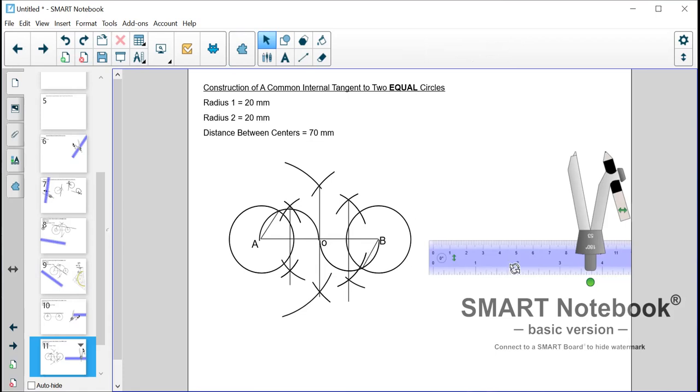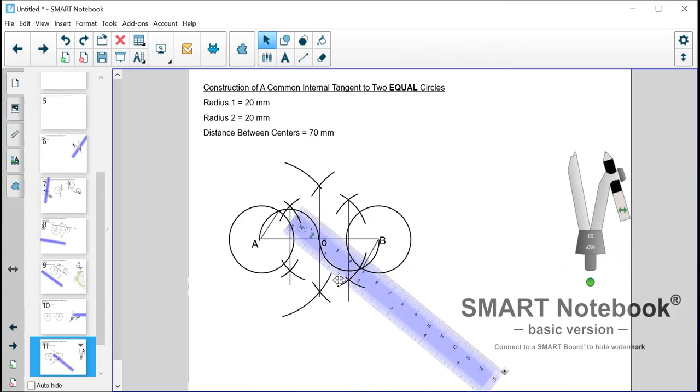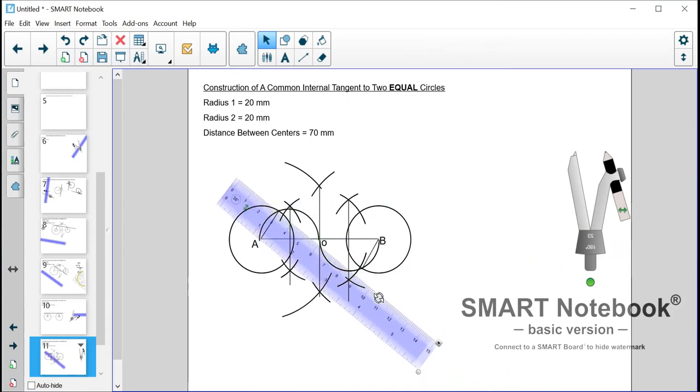Now to complete, we simply place the ruler to touch those two points, and we draw our tangent.